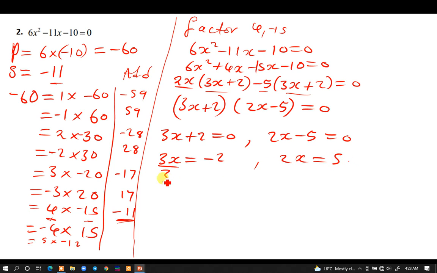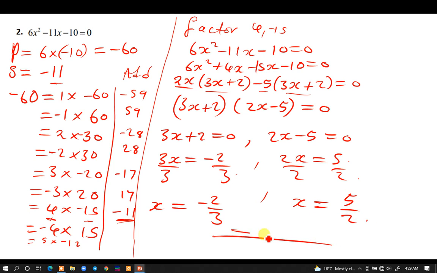When we divide by 3, the value of x is negative 2 over 3. When you divide by 2, the value of x is 5 over 2. So this is how simple factorization is.